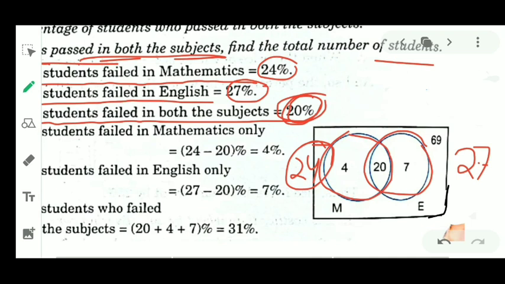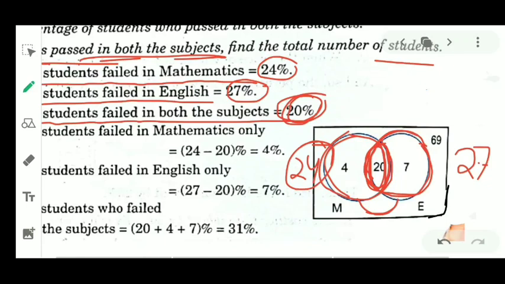Now look at the diagram. Here 20 is common between these two circles. 20 is common because 20 students failed in both the subjects, mathematics and English.